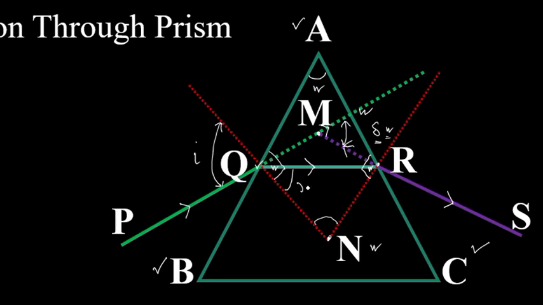Suppose this is R1. This is the angle of incidence at the face AC. Suppose this is R2, and this is the angle of refraction at the face AC. Suppose this is E.